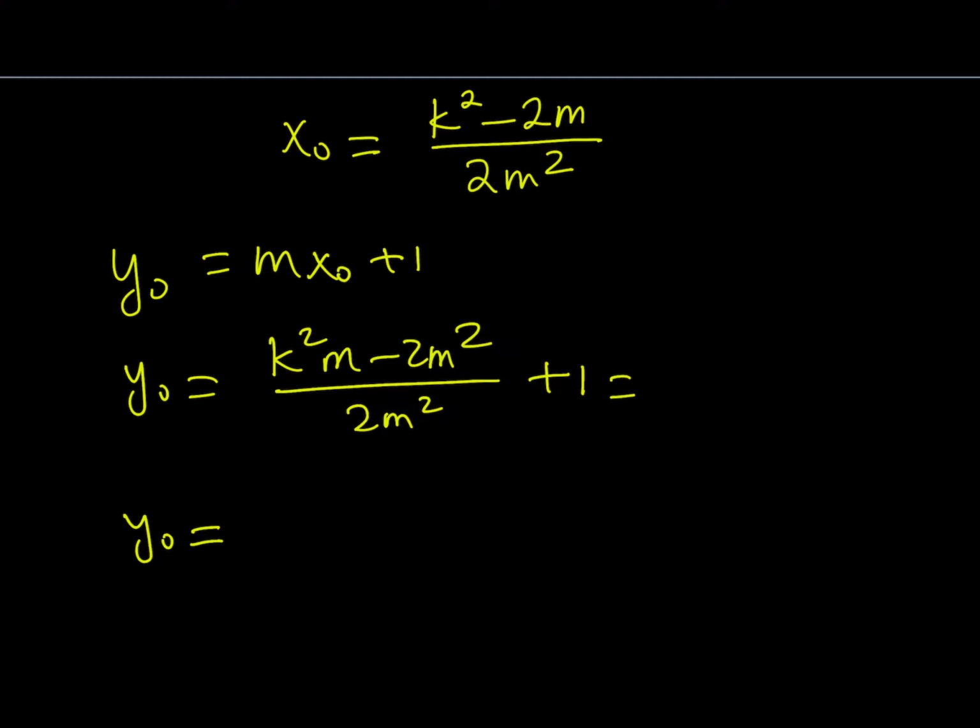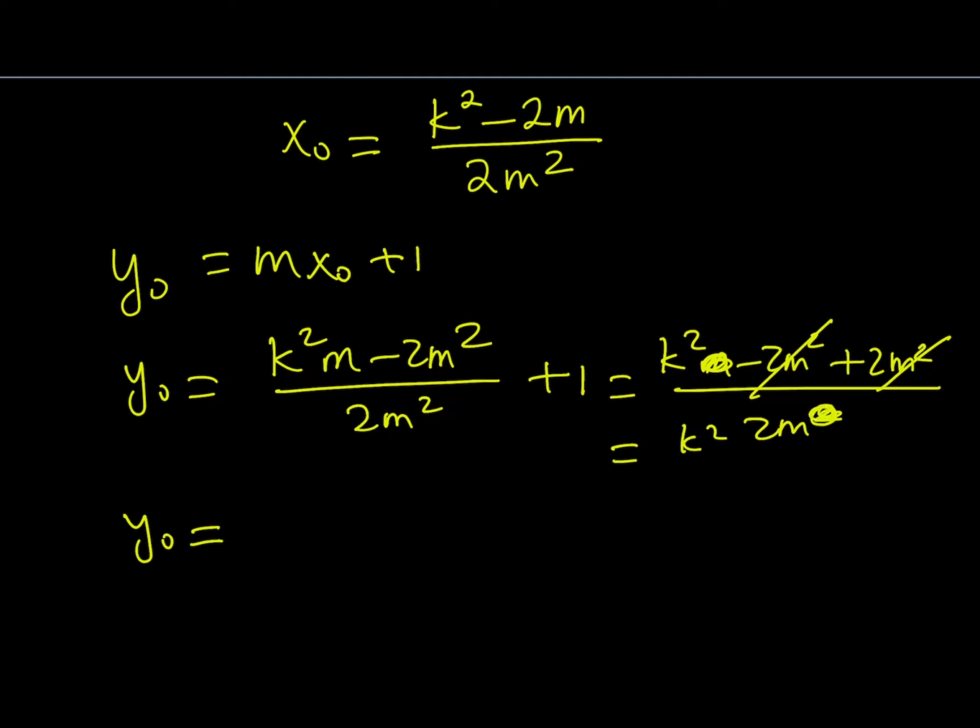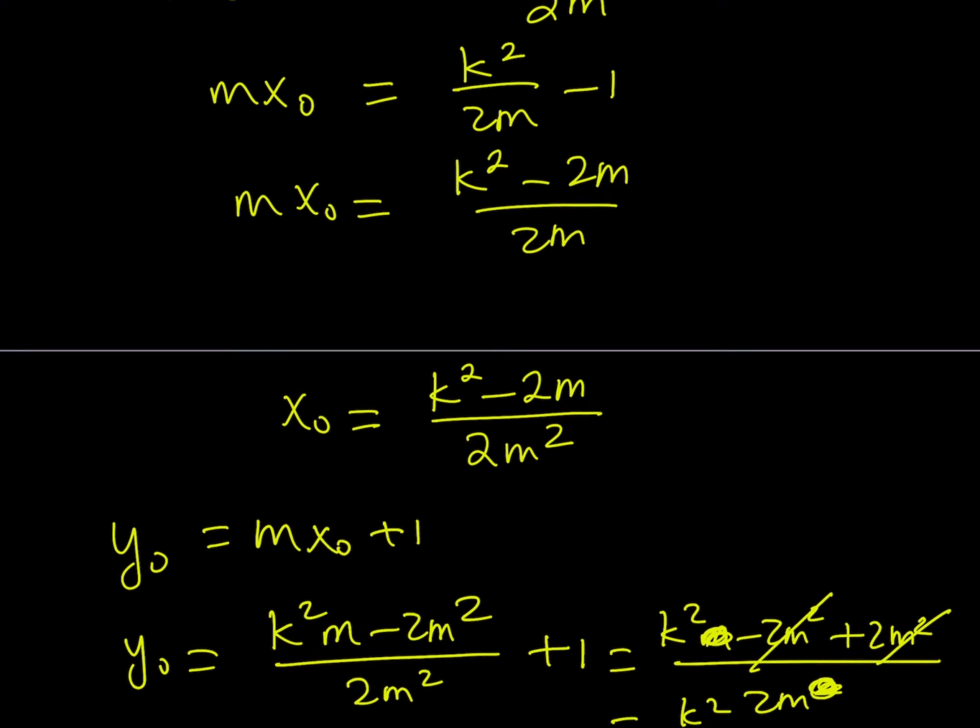These two are going to cancel out. The m is going to cancel out if it's not 0. And you're going to end up with k squared over 2m. Okay? So y0 is going to be k squared over 2m. All right? That's going to be it pretty much.